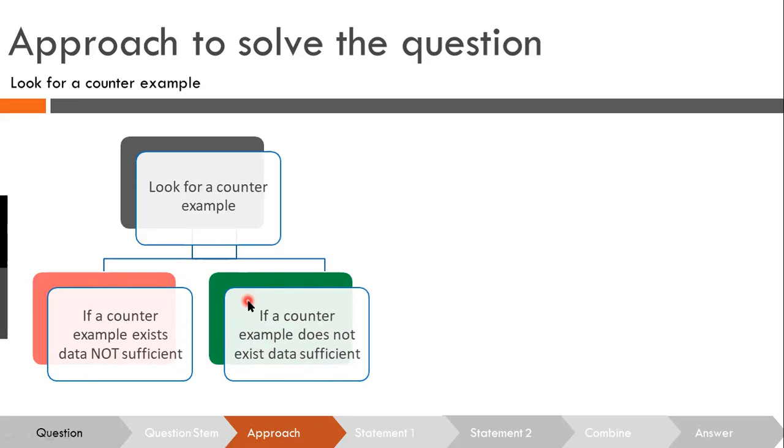We select an example, and if that example does not support the statement, then a counterexample exists. If we do not find a counterexample, we say that there must be only one way, approaching a single solution. Look for a counterexample.